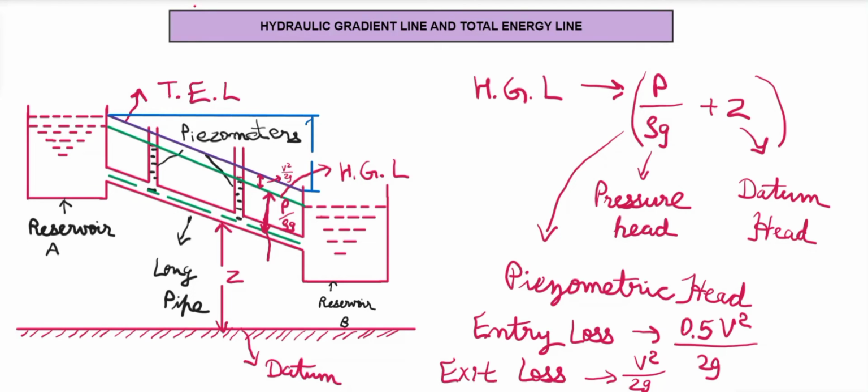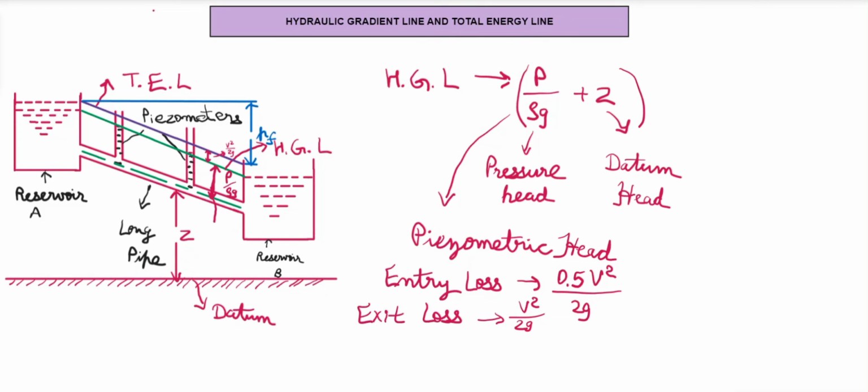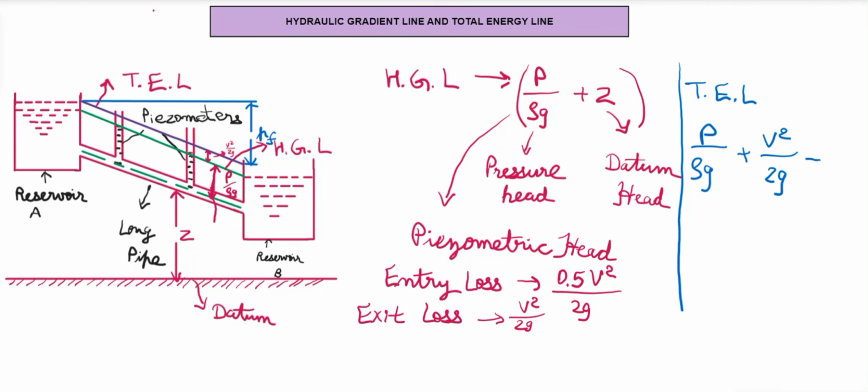Then from the total energy line, I have just drawn a horizontal line, and this represents my friction loss, which is HF. From this, we can write that the total energy line is the sum of pressure head, which is P by rho g, plus kinetic head, that is v square by 2g, and datum head, which is Z.